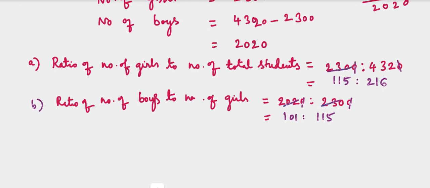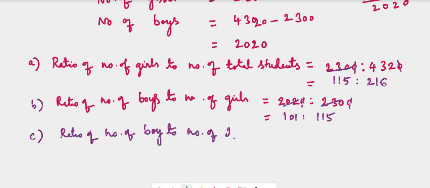Next, third question is ratio of number of boys to total students. Is equal to number of boys 2020 is to 4320.